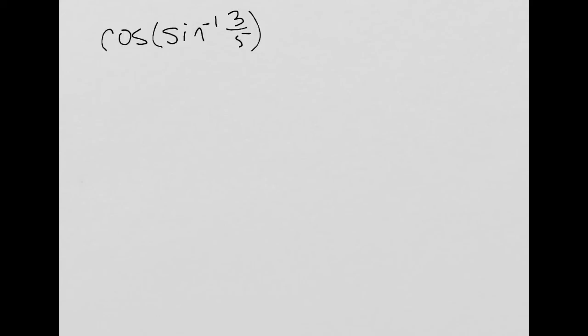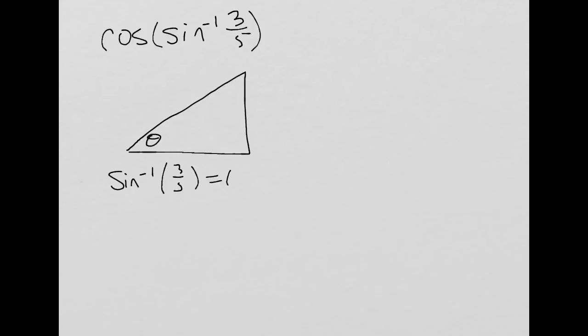I could take the inverse sine of 3/5, I could take the cosine of that result, and I could get something that comes out decently. But there's a couple of different ways we can approach it, and one of them that I really like is with inverse trig functions. So if I draw this right triangle and put an angle theta there, and I say that sine inverse of 3/5 is equal to theta, then sine of theta equals 3/5.